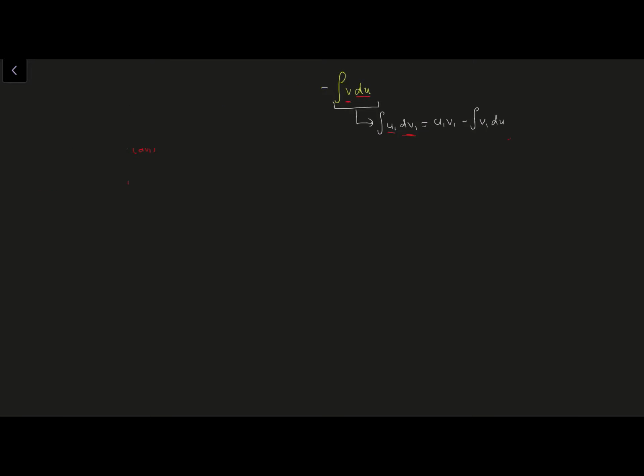Now we can substitute this into our equation and write it as uv minus open parenthesis u1 v1 minus integral of v1 du1 close parenthesis, and if we open up the parenthesis, the equation becomes uv minus u1 v1 plus the integral of v1 du1.